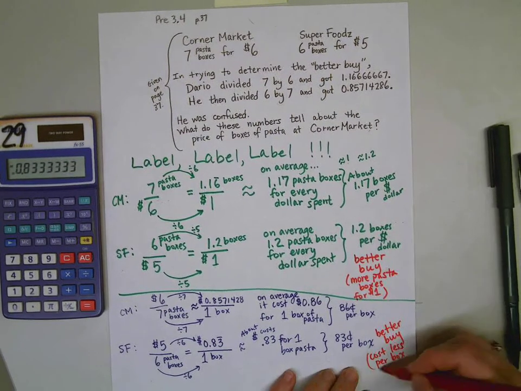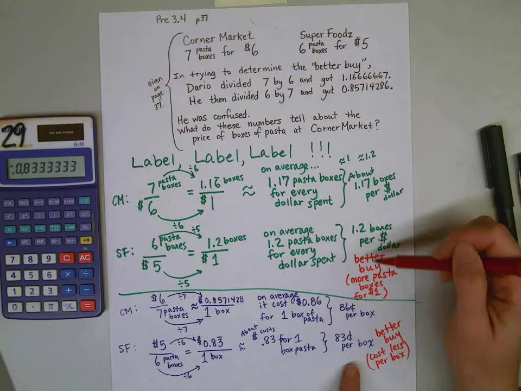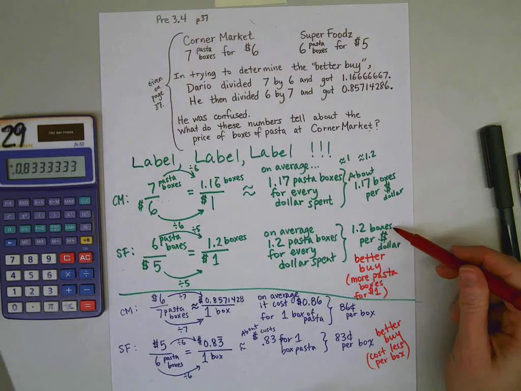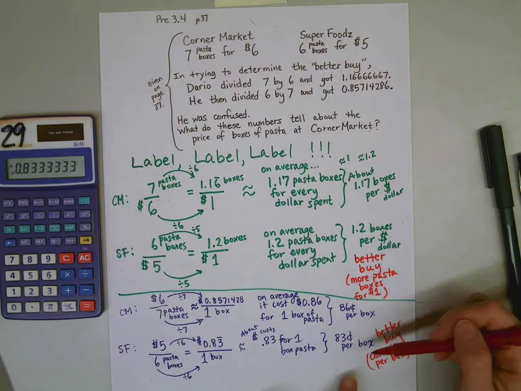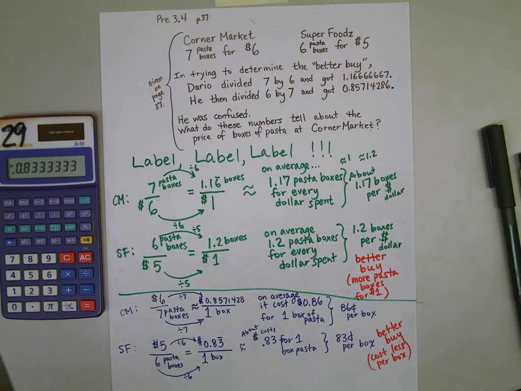So in one of these ratios, we're looking for the higher number, and on one of these, we're looking for the lower number. So the greater number of boxes for every $1, or the least amount of cost per box. And that would be it.